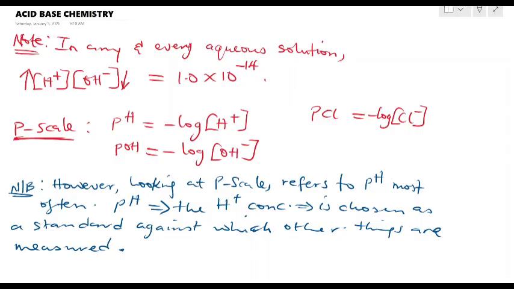It does not really matter, but in biochemistry, they tend to use P scale almost exclusively. We look at an example in the next slide.